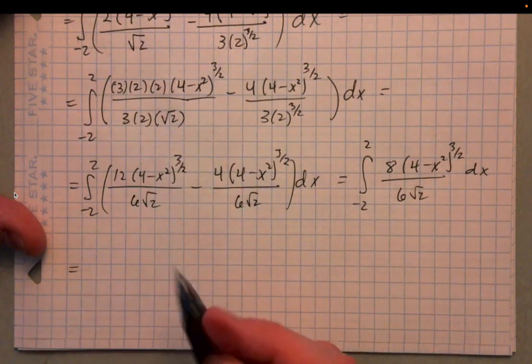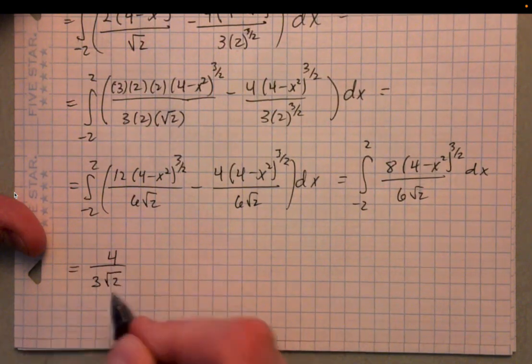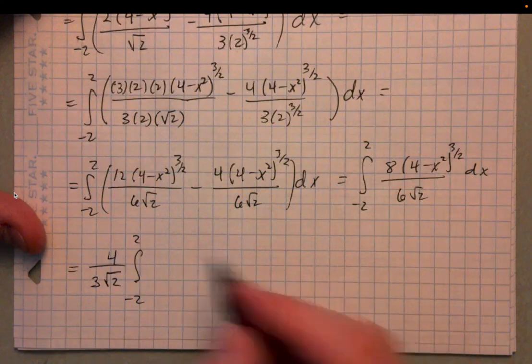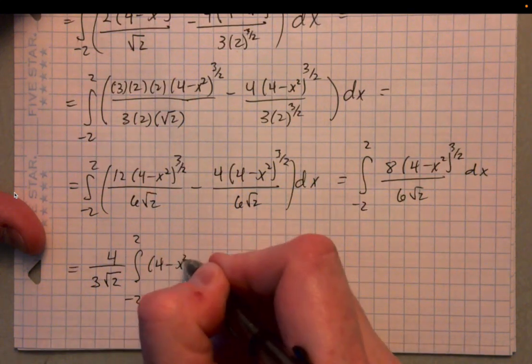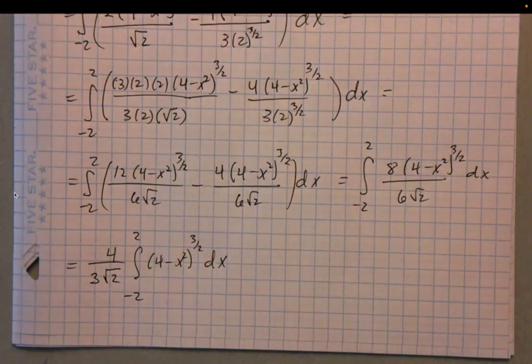And so this will be 4 over 3 times the square root of 2. Then the integral is negative 2 to 2. And then it's just going to be 4 minus x squared to the 3/2 power. Okay, dx. There we go. So that's kind of as good as it gets for the inner integral for right now.